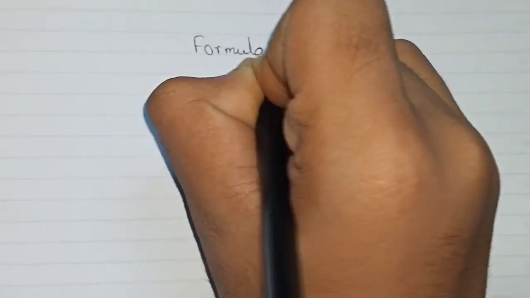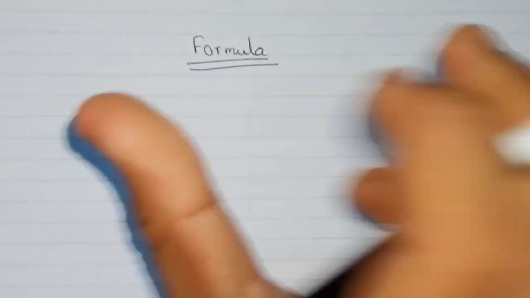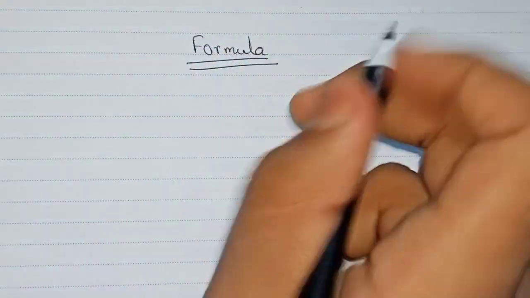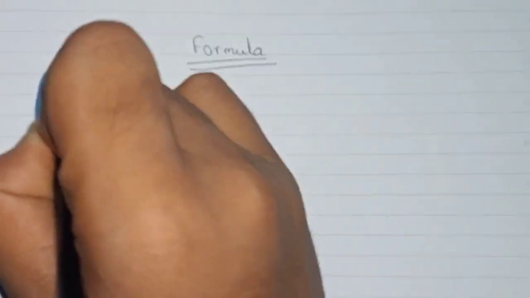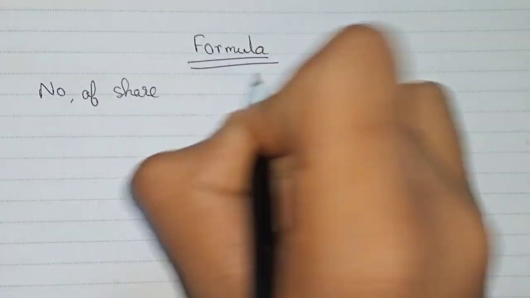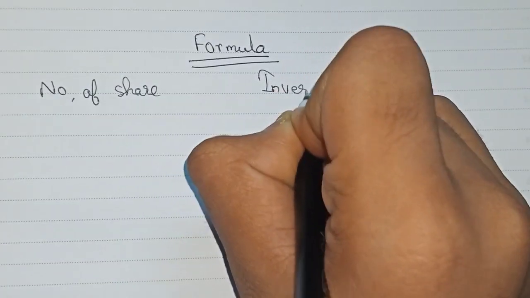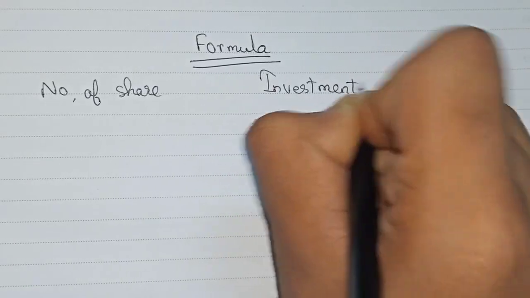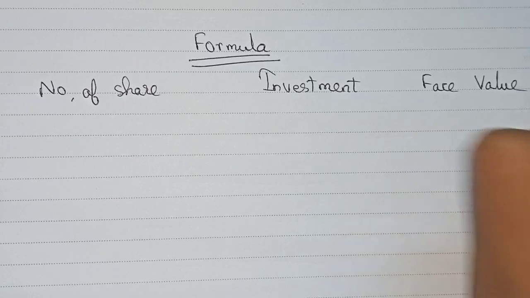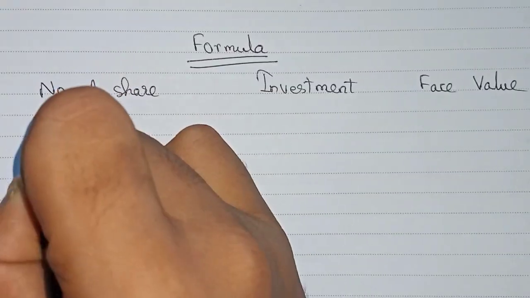So our formulas are. First we will write all the information that we need. First, number of share. Second comes investment. Then comes face value. Then comes market value.